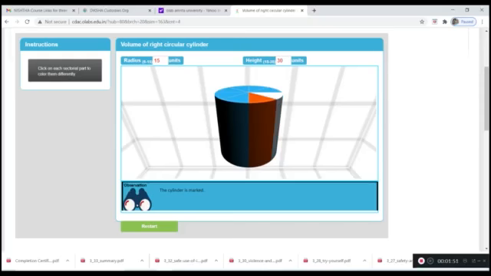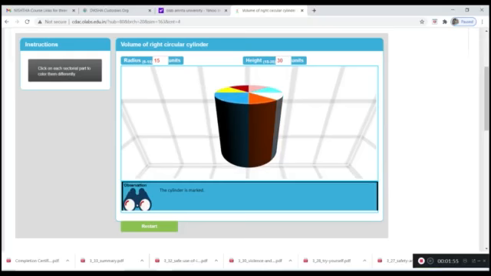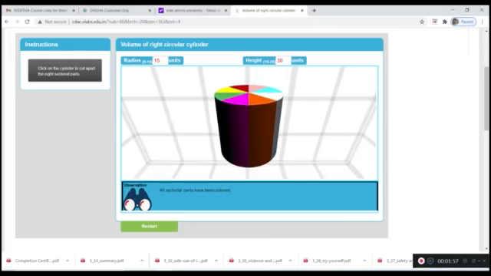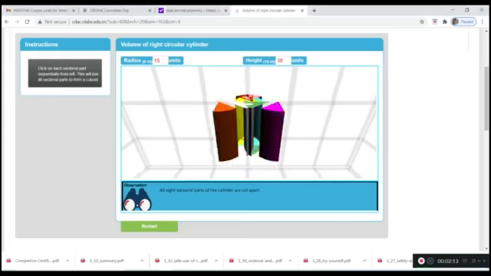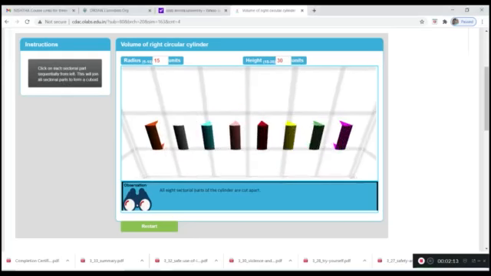Then we have to color each sectorial part. So all the sectorial parts are colored in different colors. Then the cut pieces should be apart from each other like this. These are separated.